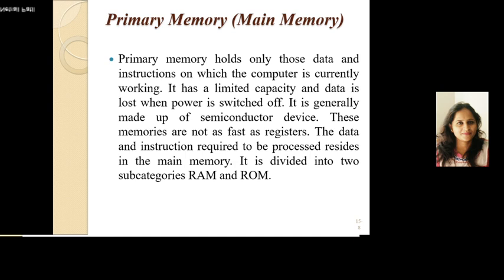Primary memory is also called main memory, primary storage or internal memory. Primary memory, often referred to simply as memory, is the only one directly accessible to the CPU. Primary memories are generally a part of a system that are used to function the system.